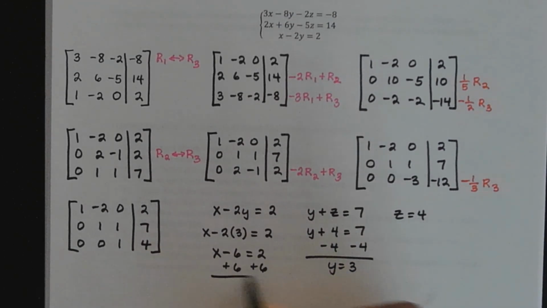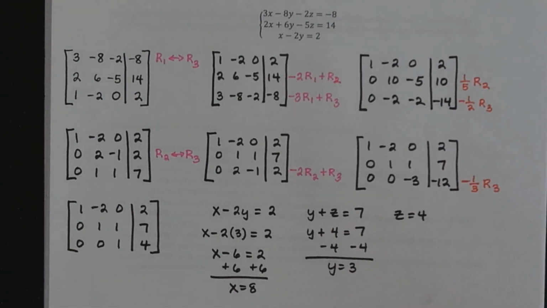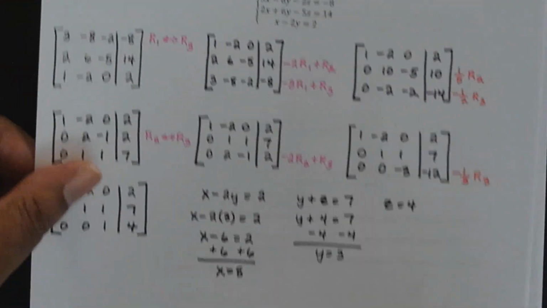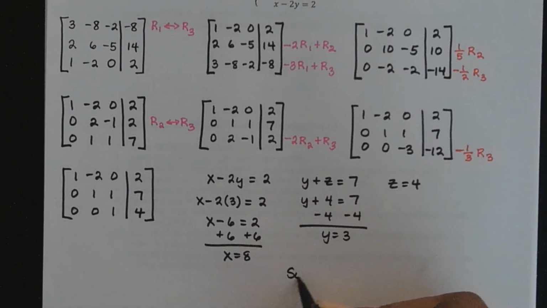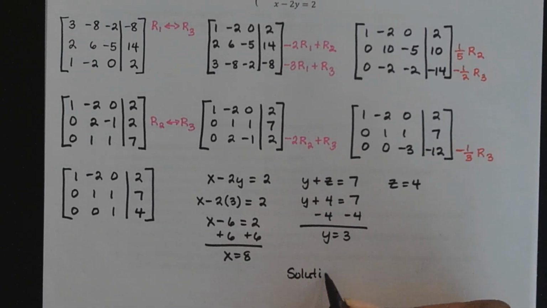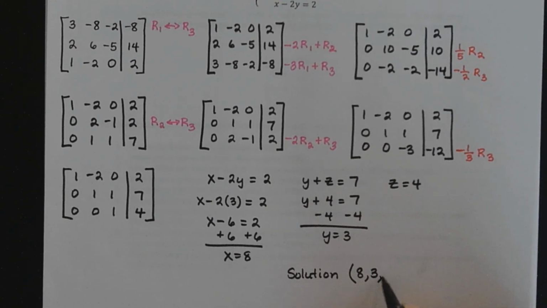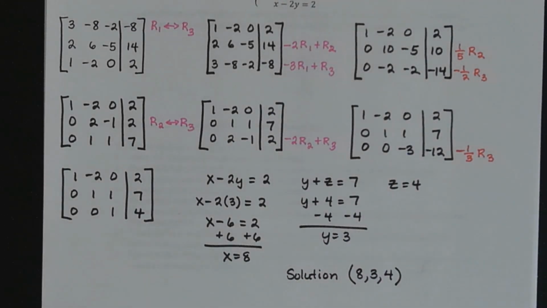Add 6 to both sides, you'll get x is equal to 8. So now the solution for that system of equations would be the ordered triple 8, 3, and 4.